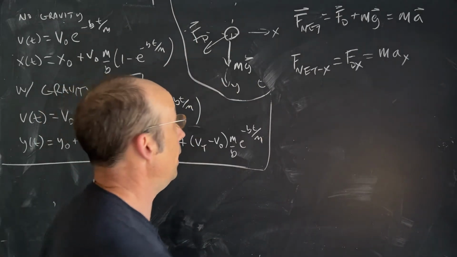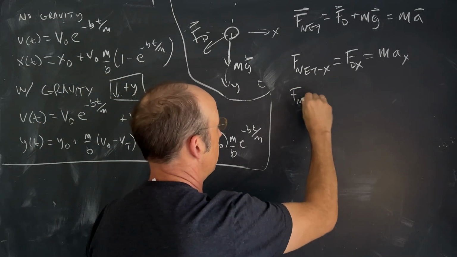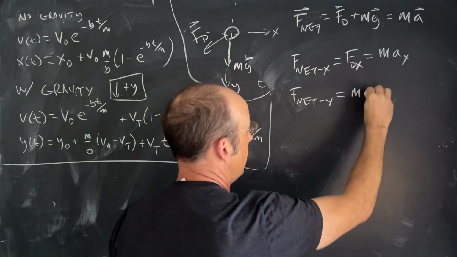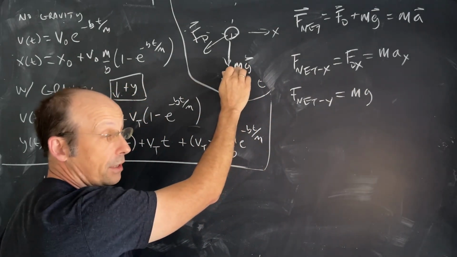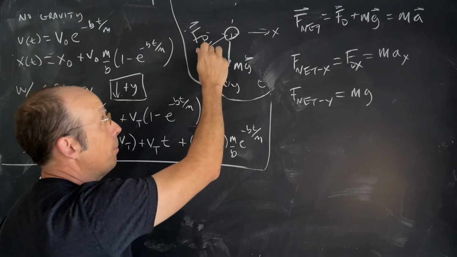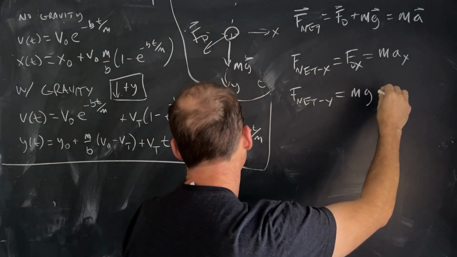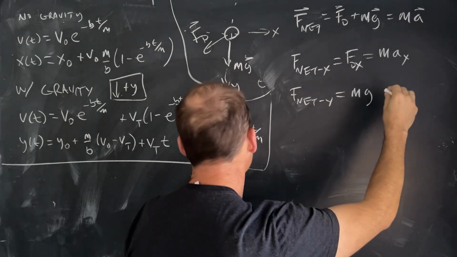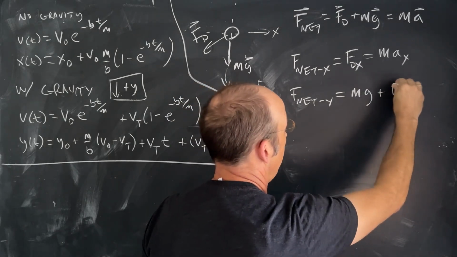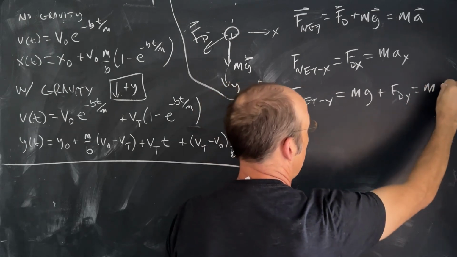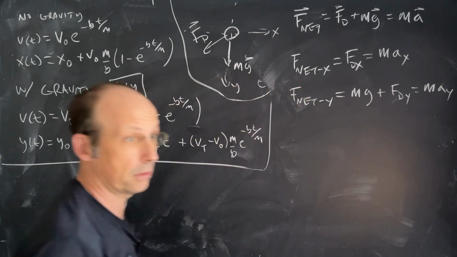Now I'm going to do the same thing. F net y, and I'm calling down as positive, is going to be equal to mg, because the gravitational force is in the y direction. And then I have a y component of the drag force, so plus Fd y. And the Fd y could be positive or negative, and that's mass times acceleration in the y direction.